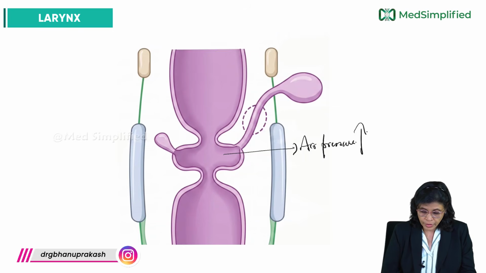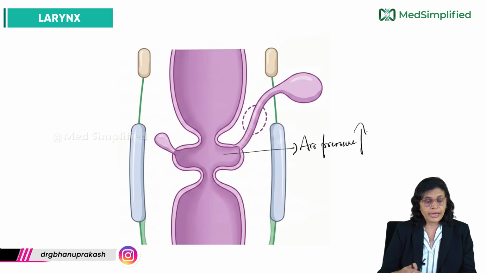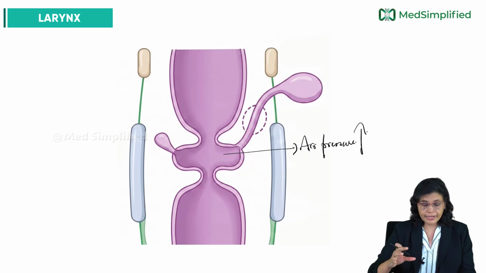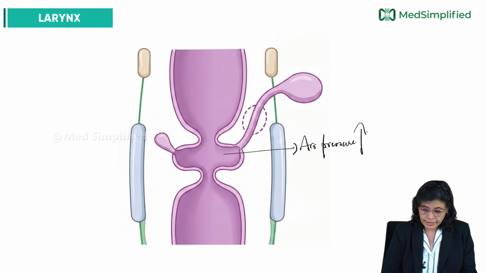Because of this, the saccule gets dilated. This is an air-filled dilatation, which we call the laryngocele.